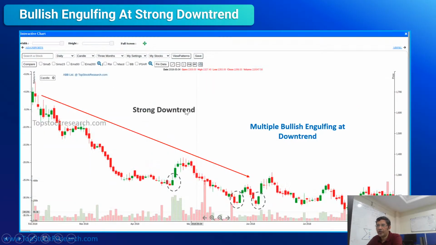Again, in a strong downtrend, it's best to avoid it, as we discussed. If it is a strong downtrend, you should be avoiding it if it is purely that, or you should be looking for more confirmation. Even though the trend is down, you'll see that some sort of consolidation is happening.